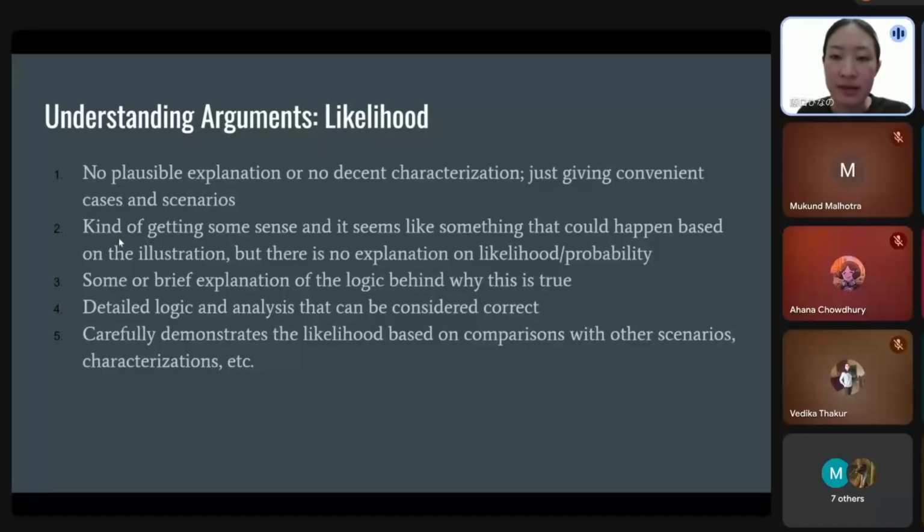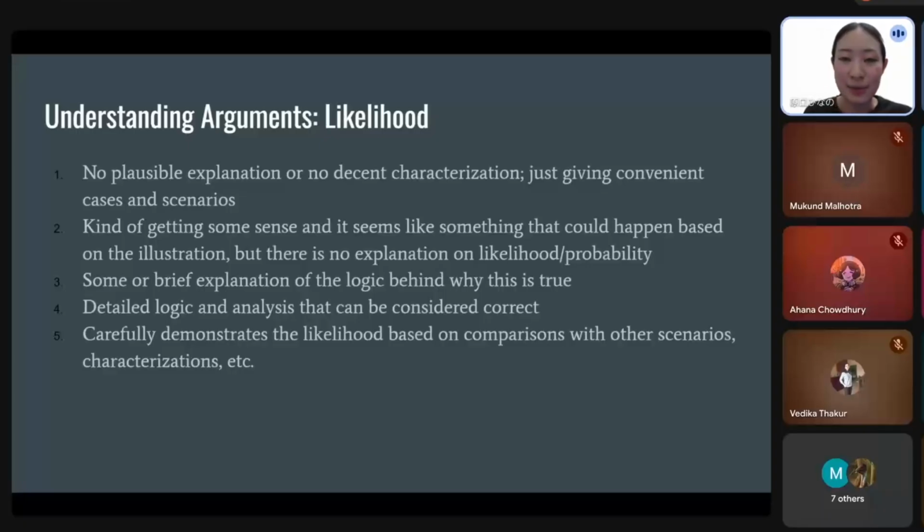Then the second level is kind of getting some sense, and it seems like something that could happen based on the illustration, but there is no explanation of likelihood or probability. So in the same example, probably the team explains that parents were likely to say girls should be submissive, girls should not be assertive, boys should be strong, etc. These types of conservative values are taught by parents to the children.